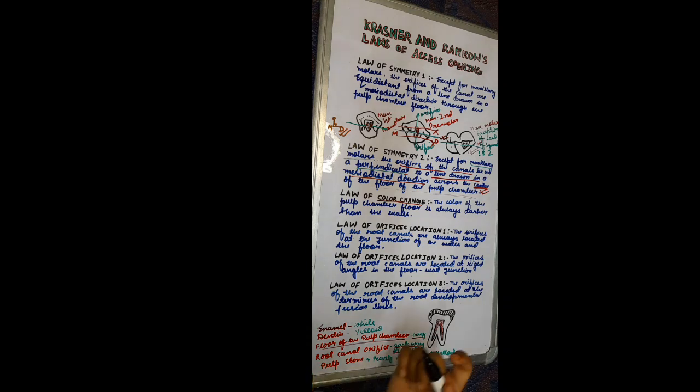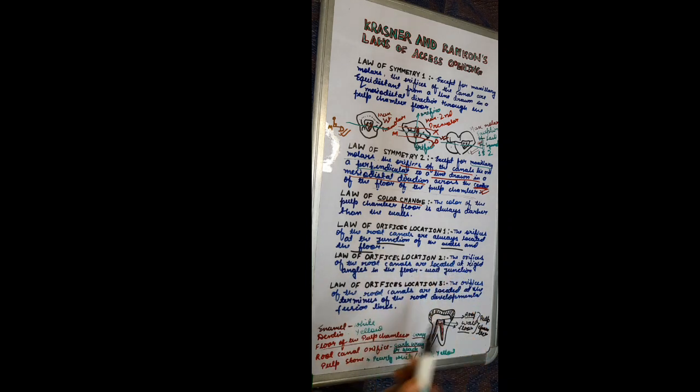Now the law of orifice location 1. The orifices of the root canals are always located at the junction of the walls and the floor. This is the wall of the pulp chamber, and here is the floor of the pulp chamber, and this is the roof of the pulp chamber.